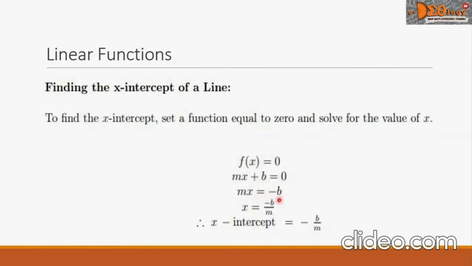Since we want to get x alone, we divide this equation by m. So the m on the left will be cancelled out, only x remains, and this is equal to negative b over m. So the x-intercept equals negative b over m. We may use this formula to get the x-intercept.